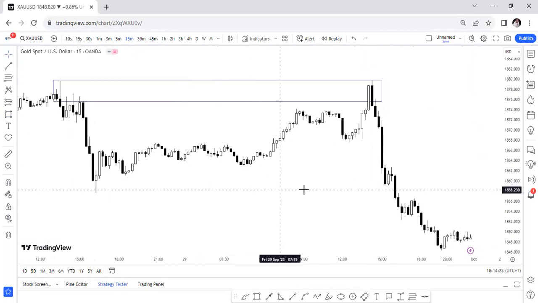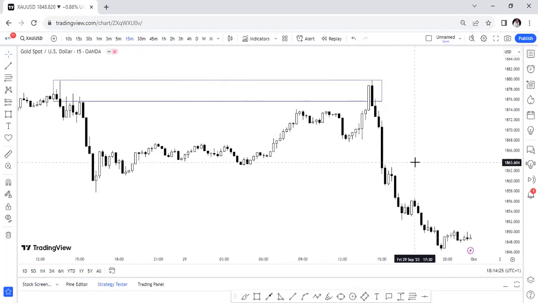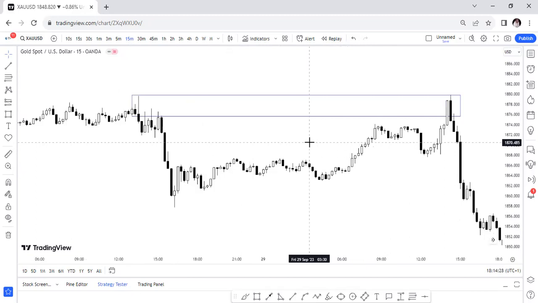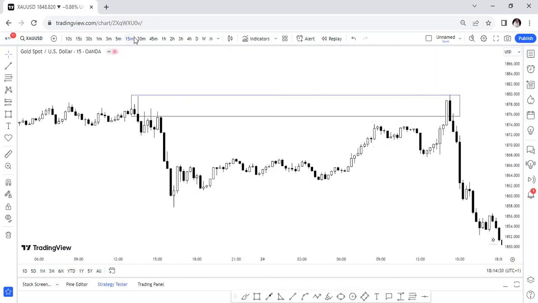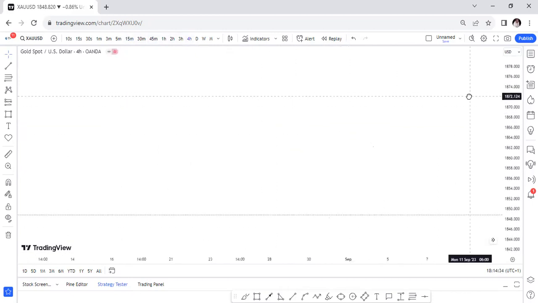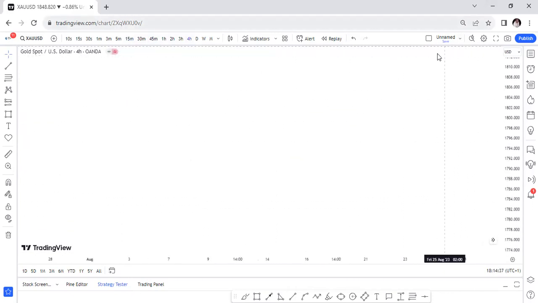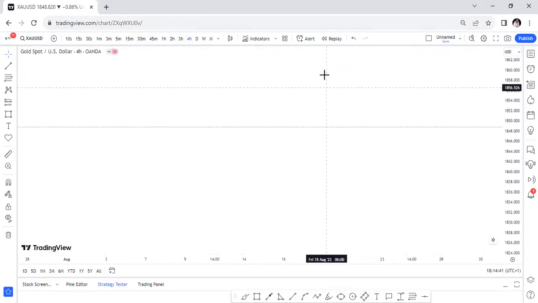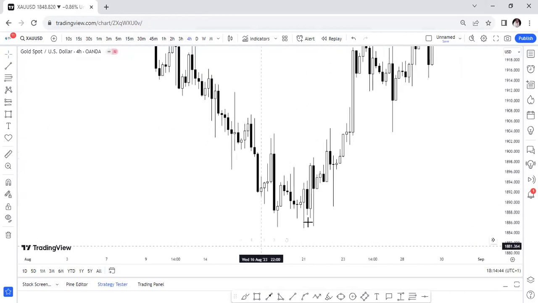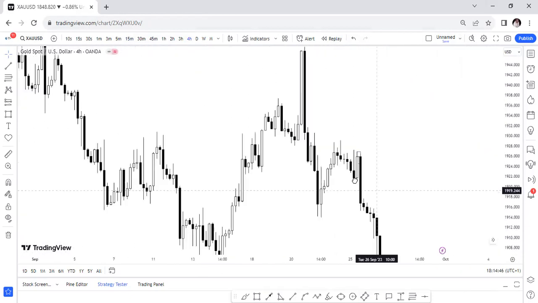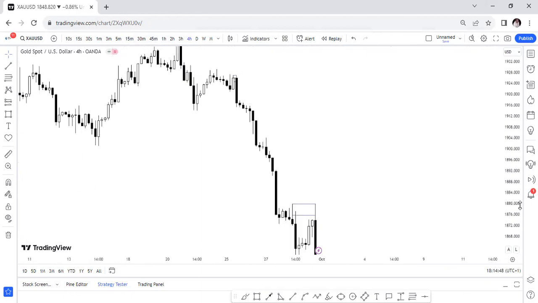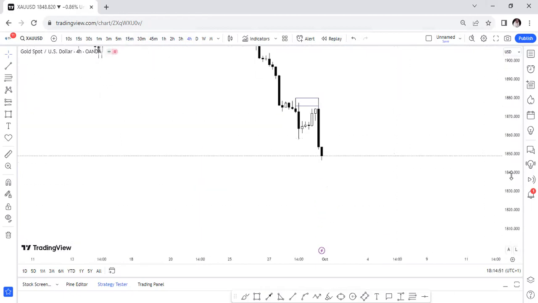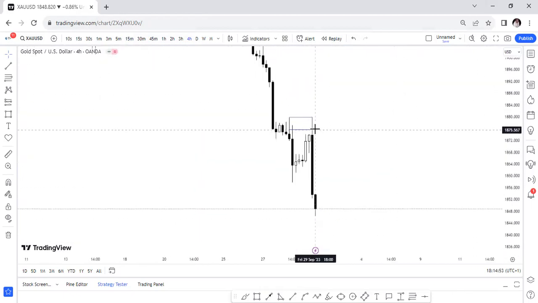So SNR, how do we get an SNR here? We never got this here, but maybe if you go lower, or to the 4 hours, you can see this.